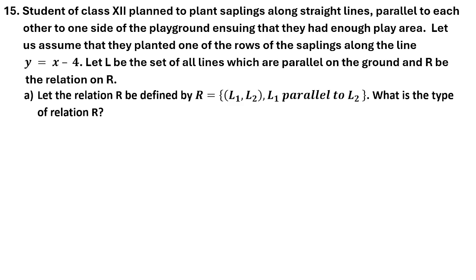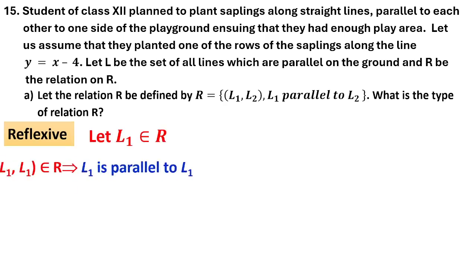Case study. You have been given a situation where the children are planting rows of saplings on straight lines, and you have to prove two relations: for the parallel relation, you have to check, and for the perpendicular relation, what type of relation it is. Now, first, L1 parallel to L2.